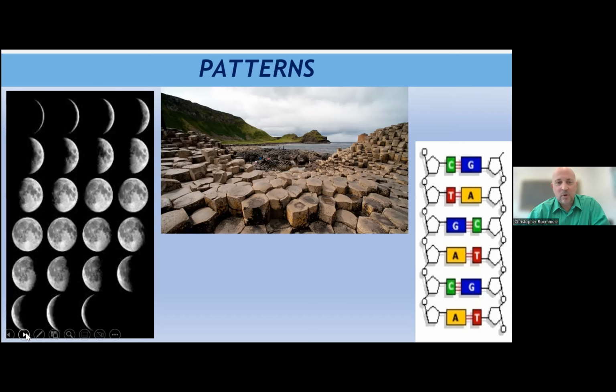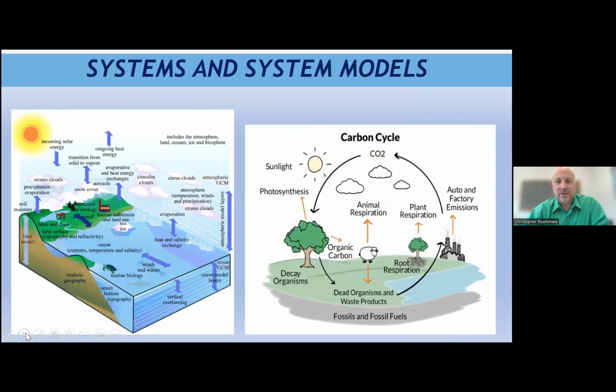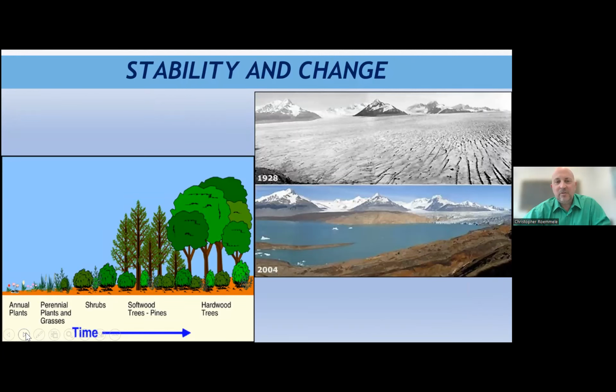So patterns is one, cause and effect is the second, scale, proportion, and quantity is a third, systems and system models is a fourth, energy and matter, and structure and function, and the last is stability and change. And they're often presented in that sequence, as they're usually listed in academic articles or in the standards themselves.